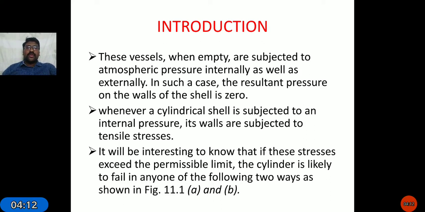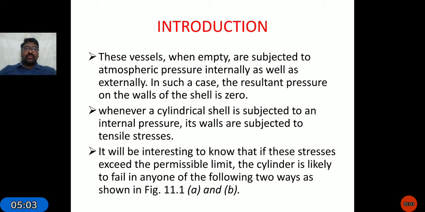Due to this internal pressure, the cylinder may fail in two ways, longitudinally and circumferentially. When it splits along its length into two troughs, the circumferential stress is developed on that material. In some cases, the cylinder may split into two smaller cylinders, two halves, and in that case the longitudinal stress is developed on the material.